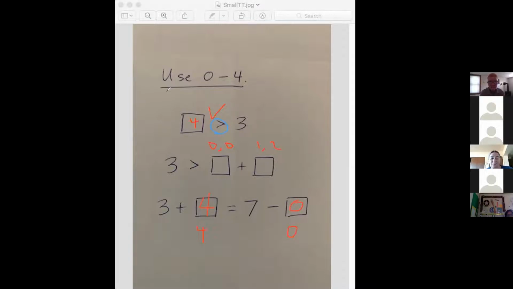No. Well, then we can't use 4 down here in the bottom. And based on what Gwendolyn said, we're definitely using 0 in the second equation. So you might use a 1 and 3 at the bottom.